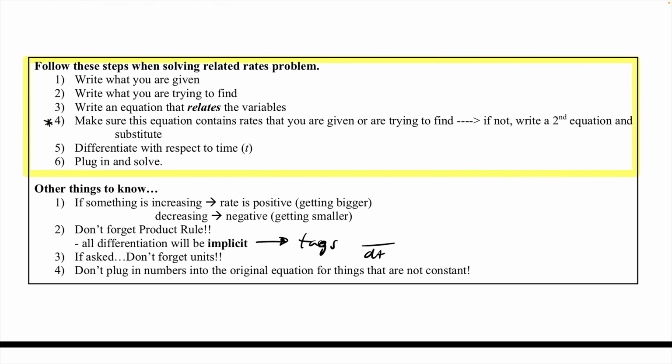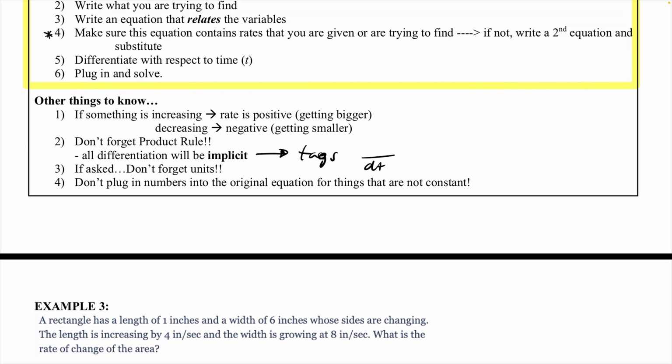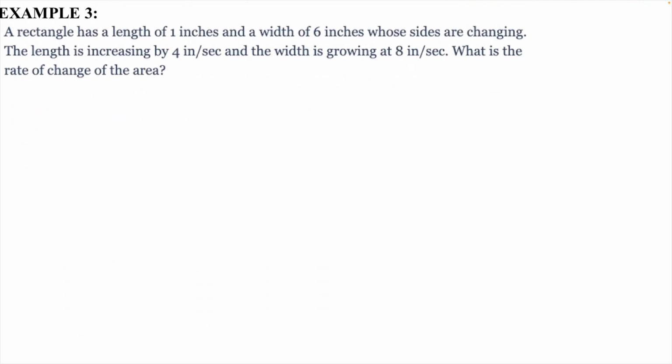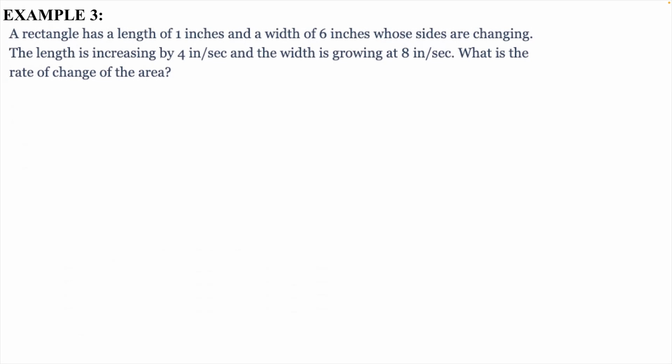All right, so let's do the first one. Let's do example number 3, even though it's really example number 1. You have a rectangle. The rectangle has a length of 1 inch and a width of 6 inches. Those sides are changing though.